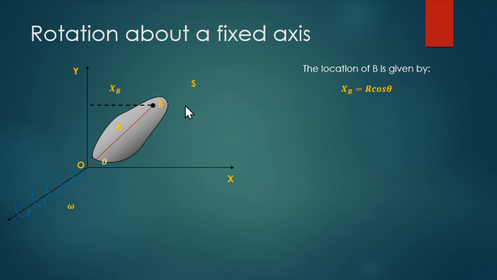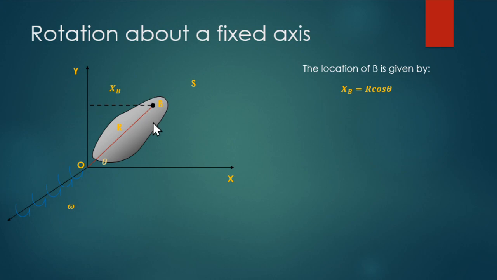Cosine theta, the adjacent part is x sub b, and the hypotenuse side is r. So cosine theta is equal to adjacent over hypotenuse, so x sub b is equal to r cosine theta.